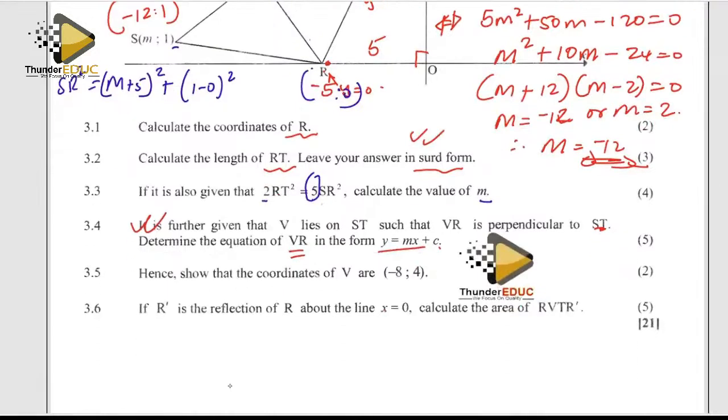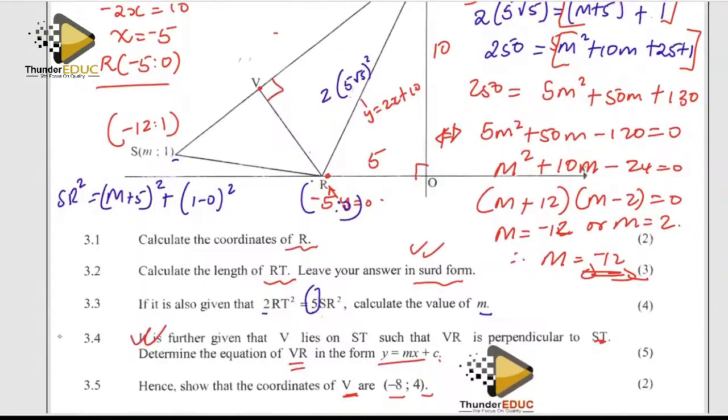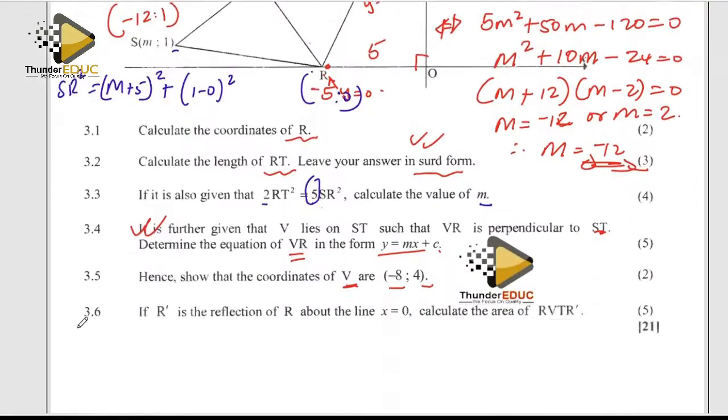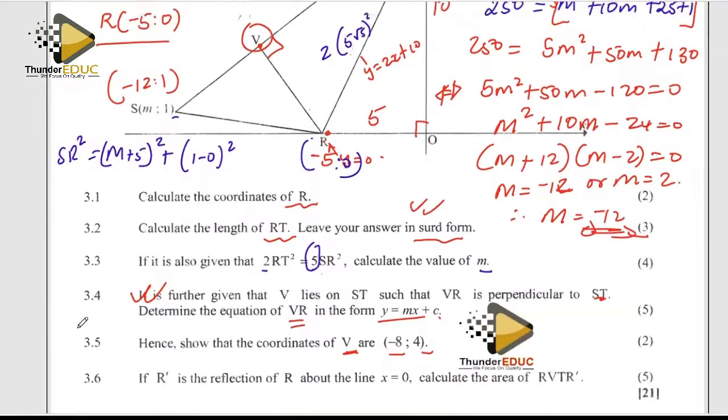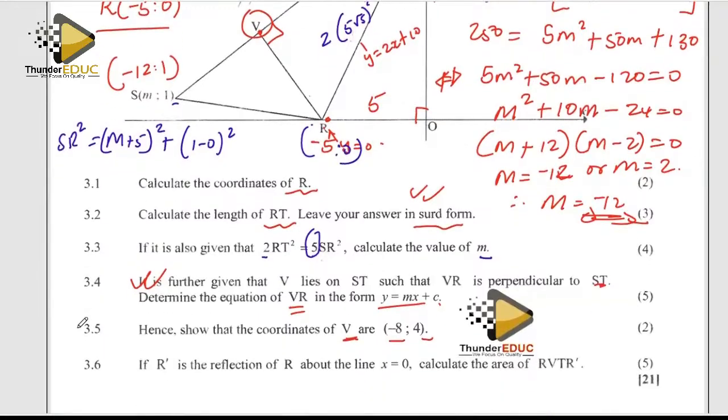Then 3.5, can we show that the coordinates of V are -8 and 4? How do we prove that? It's 2 marks.